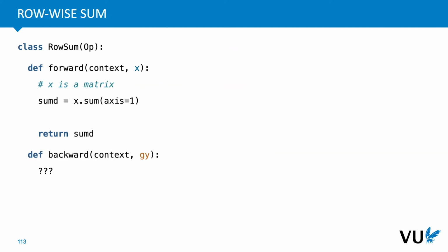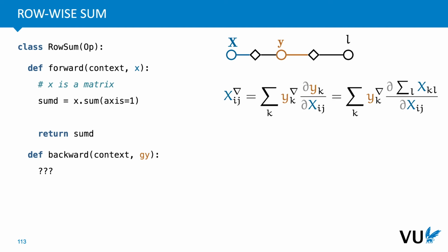The next example is a row-wise sum. So we are given a matrix and we sum out the rows. What this shows us is what happens when an operation gets a tensor of one shape, one dimensionality, and returns a tensor of another dimensionality. In this case, we get a matrix and we return a vector. Again, we're interested in the derivative for a scalar element, so we apply the multivariate chain rule.